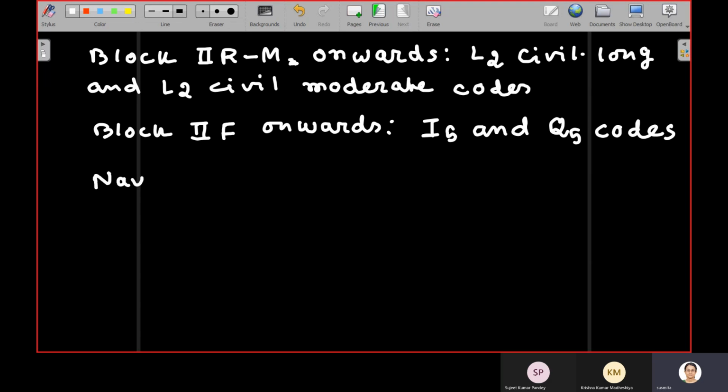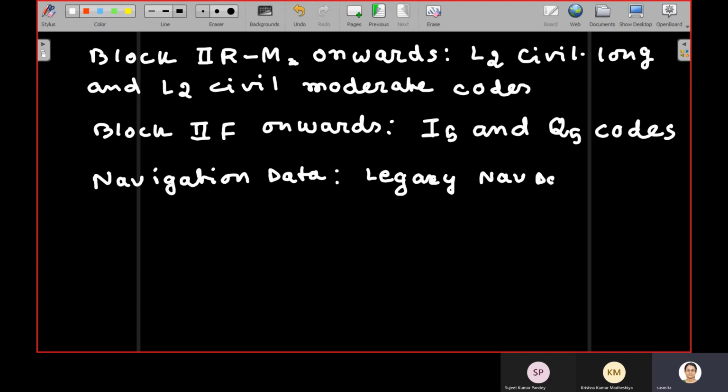Similarly, there are different versions of navigation data. Legacy navigation data is present in L1.